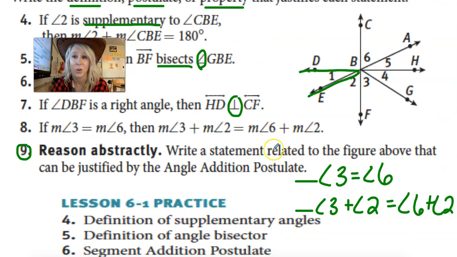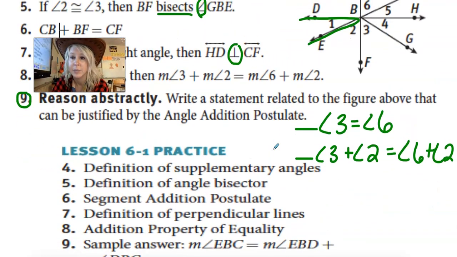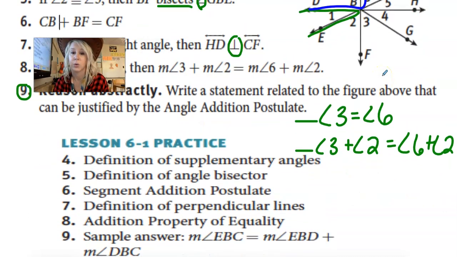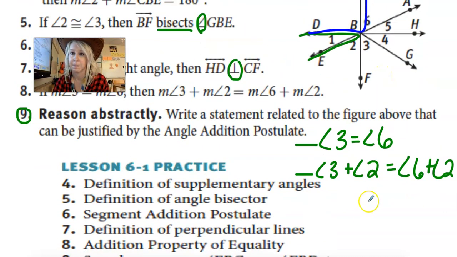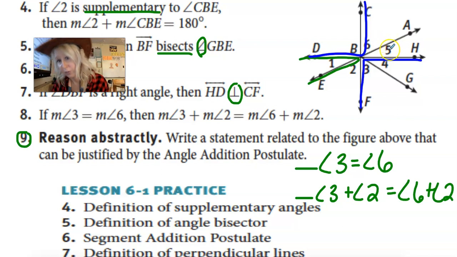So EBD plus DBC, that angle plus that angle will equal the total, which is EBC. So you could have had literally a million answers. You could have said angle 3 plus angle 4 equals FBH. You could have said angle 6 plus angle 5 equals EBH. Literally tons of answers as long as you add two angles together to equal the part.